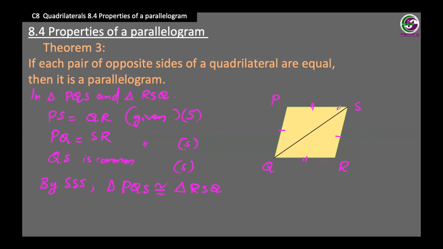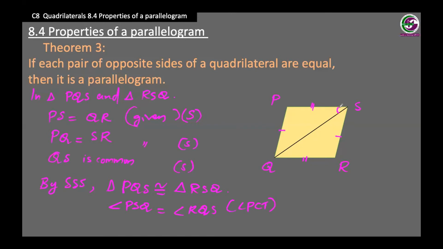That is, angle PSQ is equal to angle RQS. Corresponding parts of congruent triangles are equal.